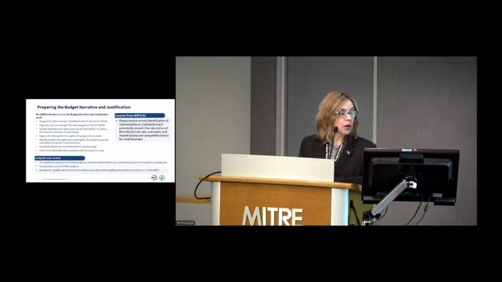So it needs to be consistent across the board. When you have the information in the budget worksheet, we're going to be looking back at the 424 and the 424A to make sure that these all line up. If there's a discrepancy, that makes it difficult for reviewers to determine whether or not a project is cost effective, or whether there are some costs that are not being reported that could be unallowable.